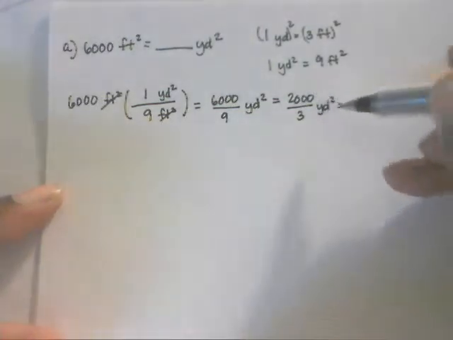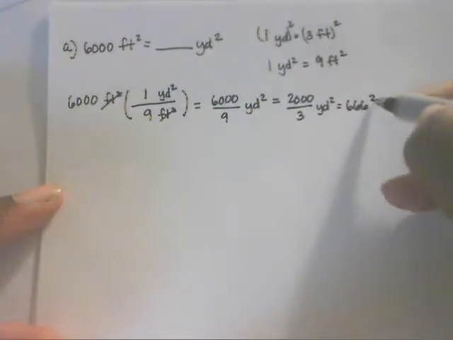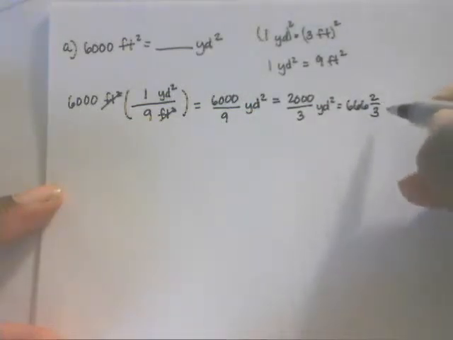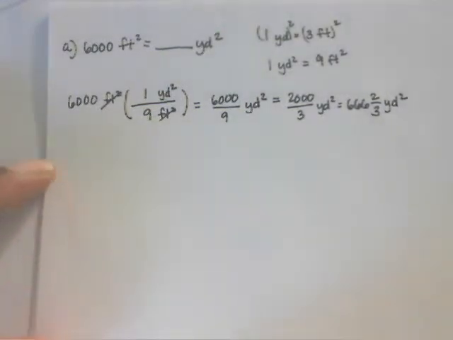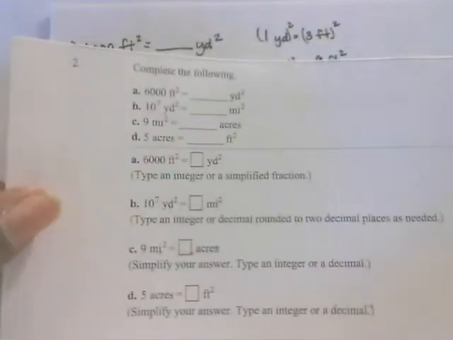And then divide 3 into 2,000, that's going to go 666 times with 2 left over. So it'll be 666 and 2/3 square yards. Okay, so that's how we convert square feet to square yards.